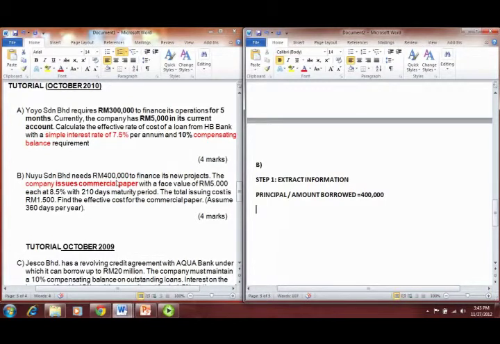Next, the company issues commercial paper with a face value of 5,000. It means, class, the face value per commercial paper is RM 5,000.